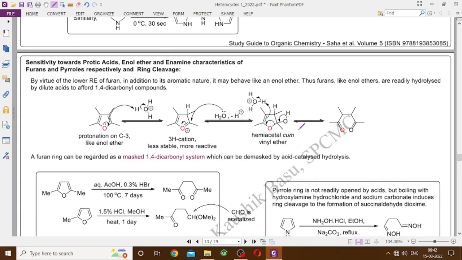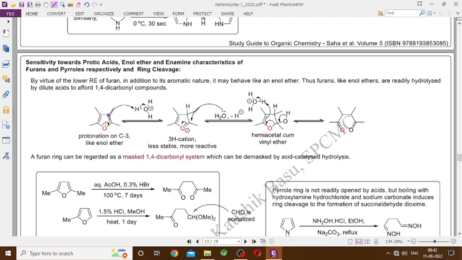So how do you proceed? Obviously, you take a furan derivative and you protonate it at the corresponding C3 position. Although this is the relatively less stable 3H cation, and this protonation is relatively less favorable because C2 protonation would have been thermodynamically more favorable.